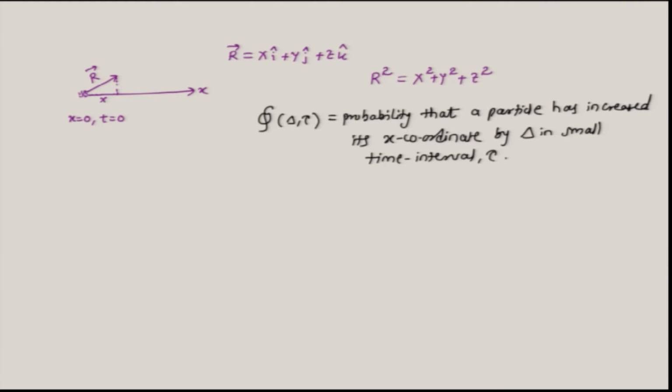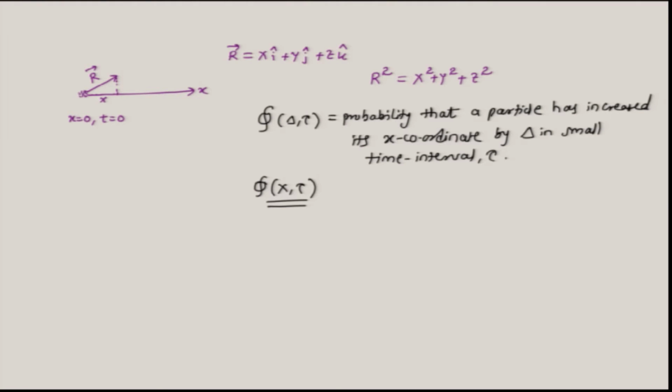In today's convention, we would like to write it as phi of X, tau, where the capital X is the projection of the net displacement vector r bar on the x axis. So, phi of X, tau is the probability that a particle has increased its x coordinate by X in a small time interval tau.